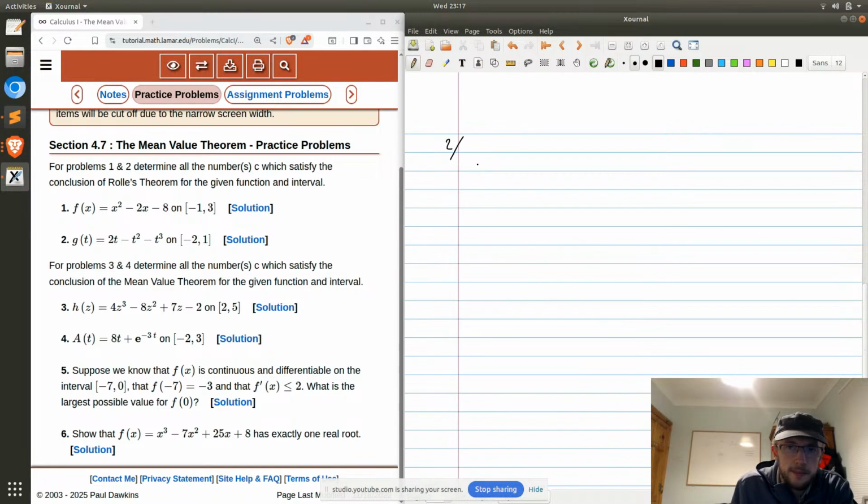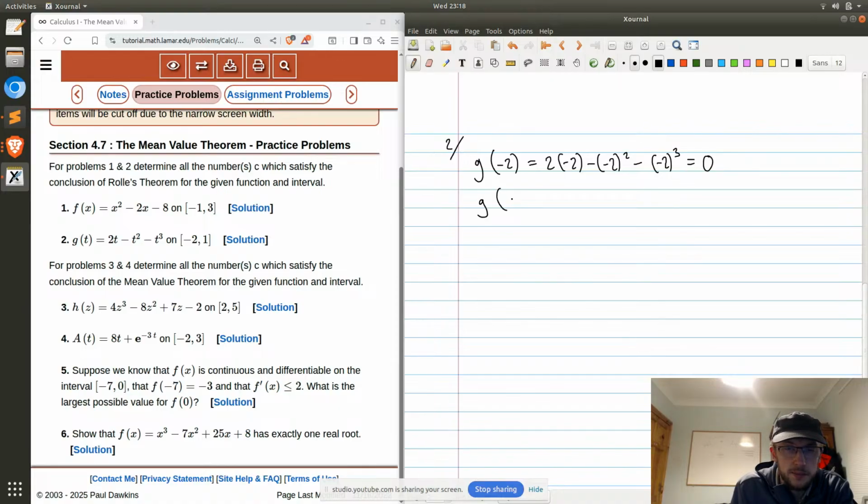Okay. First, just want to say that g of -2 is 2 by -2. Take that squared. Take that cubed. And what do we get? -4 minus 4, which is -8, plus 8, which is 0.